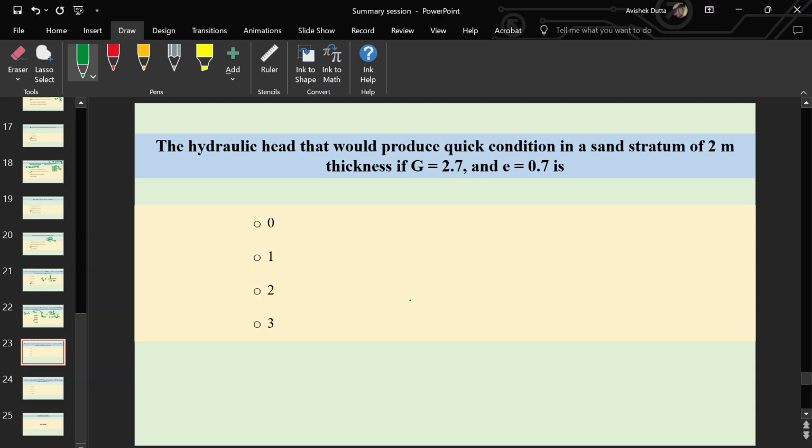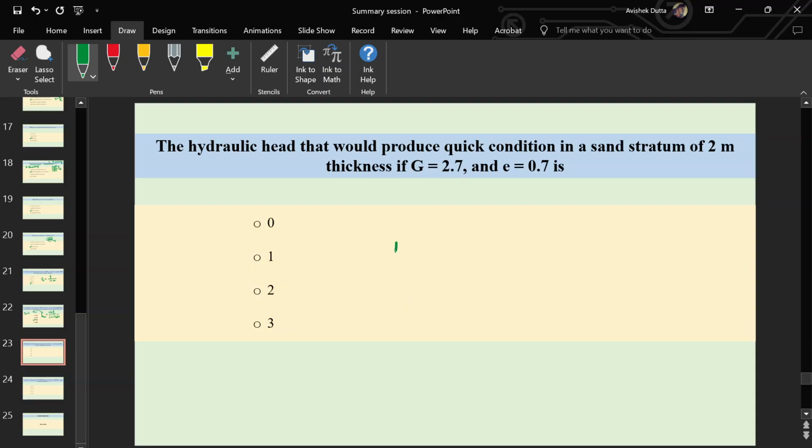First of all, we have to find out what is needed for the quick condition. Which property do we need to find out initially for the quick condition, the quicksand condition?